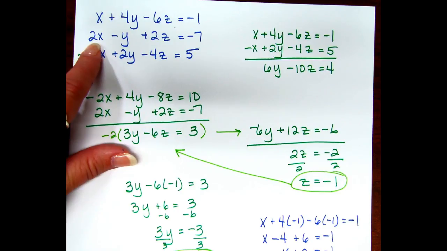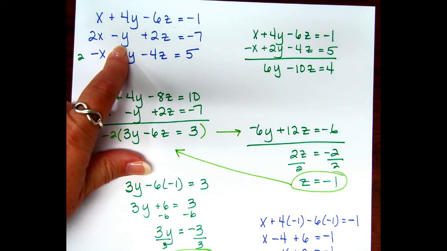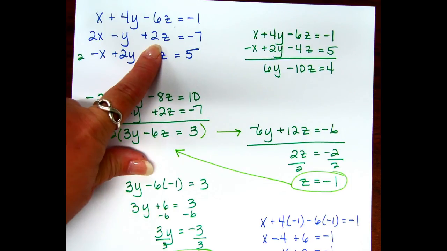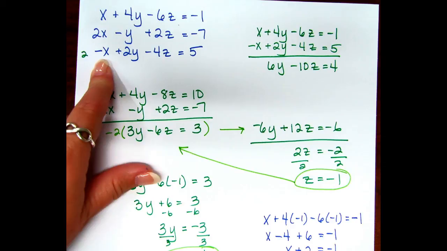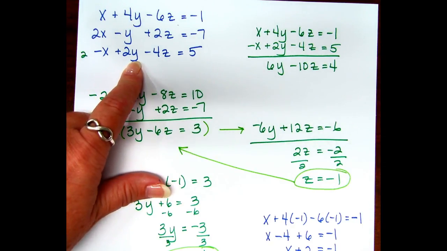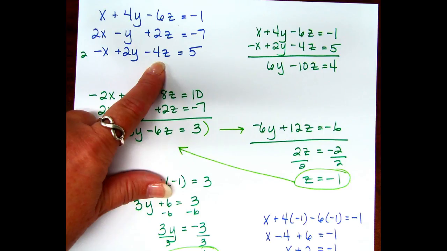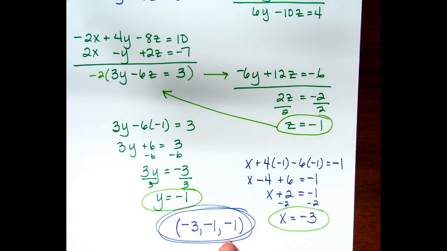Put it into the second one. Negative 6 plus 1 is negative 5. Negative 5 minus 2 is negative 7. Okay? 3 minus 2 is 1. 1 plus 4 is 5. Okay? So I know for sure the solution is correct.